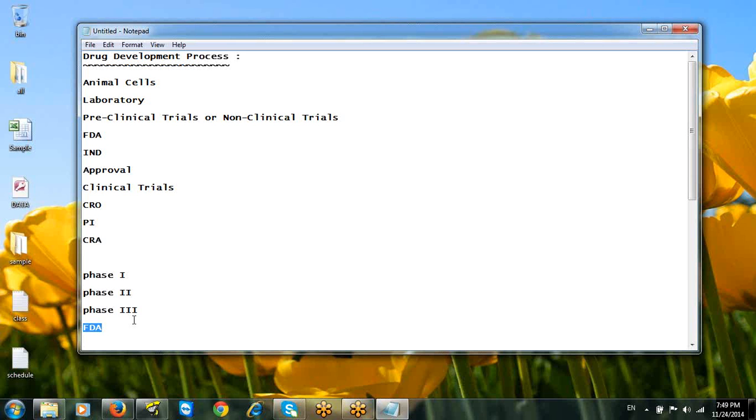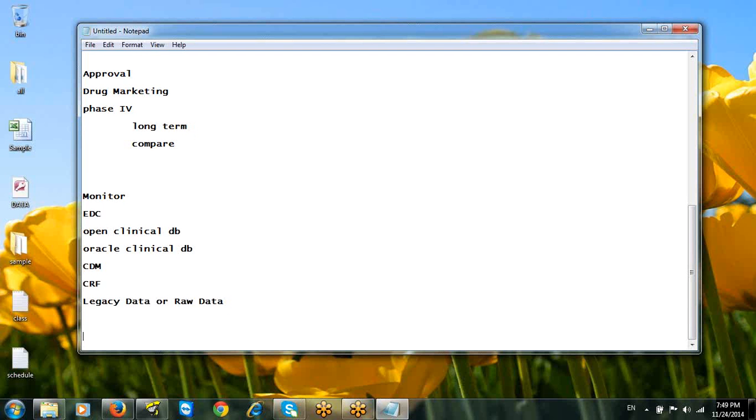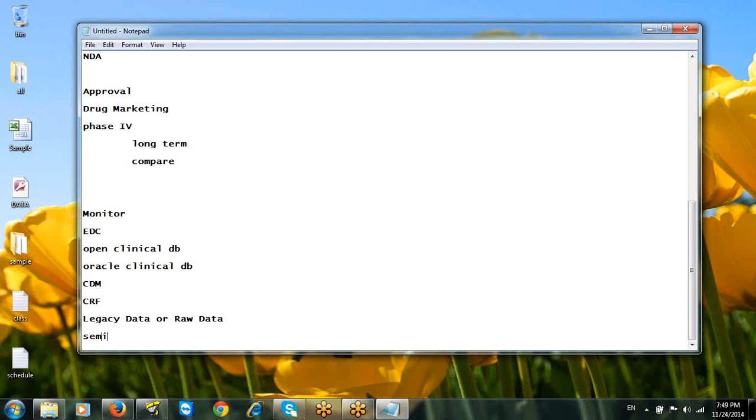So there we need the CDISC, Clinical Data Interchange Standards Consortium. I already told you, when they were conducting the trial, the data was managed by the clinical data management team, and they present it in semi-SDTM format.